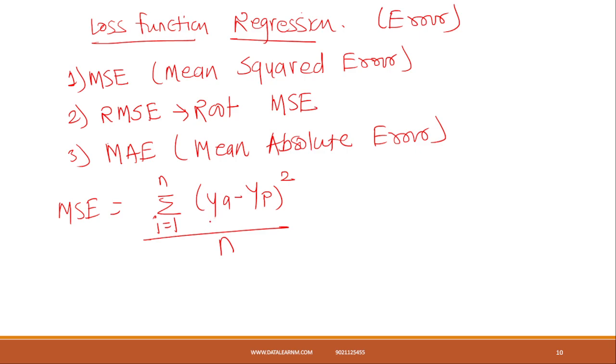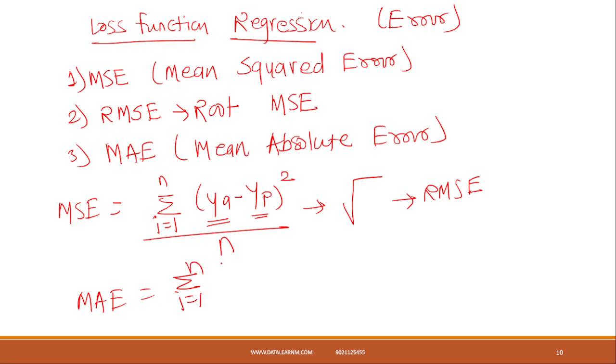Suppose there are 100 data points: the summation of the squared differences between the 100 actual and 100 predicted values, divided by 100. Its square root is RMSE. And mean absolute error is the summation of i equal to 1 to n, with a modulus instead of a square, divided by n. So if minus 1 is there, it becomes plus 1, and if plus 1 is there, it stays plus 1.